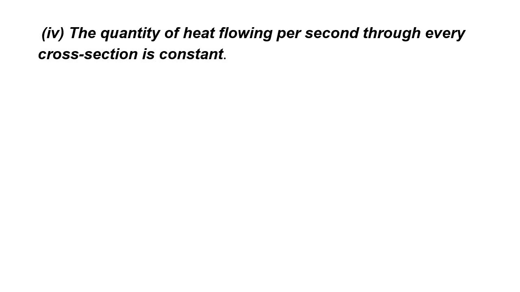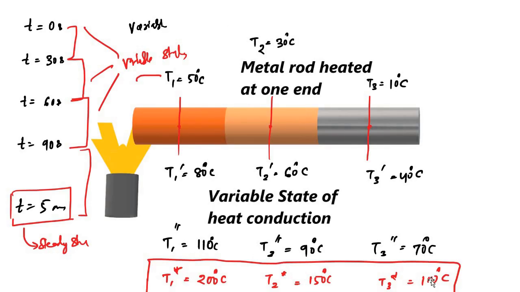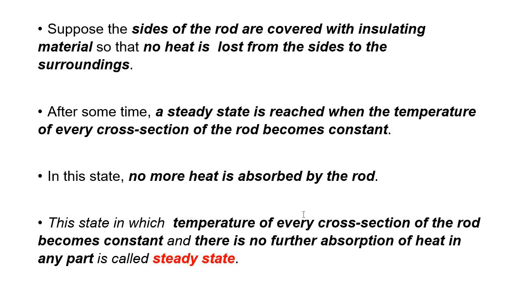In the steady state, as the temperature difference remains constant, it is not increasing with time, then the quantity of heat which will be flowing will also be constant, isn't it? Heat will keep on flowing, but no absorption of heat will take place. That is the critical difference. In steady state, heat flow will be there, but no further absorption of heat in any part.